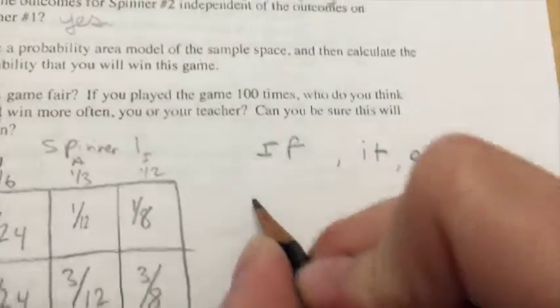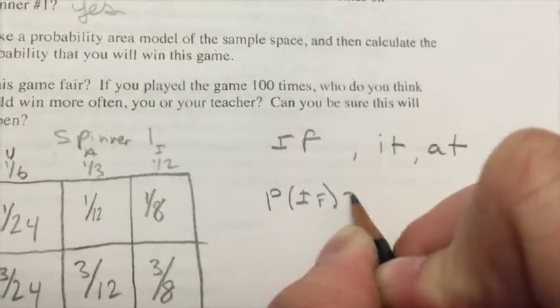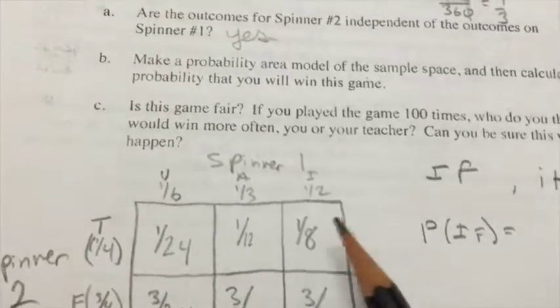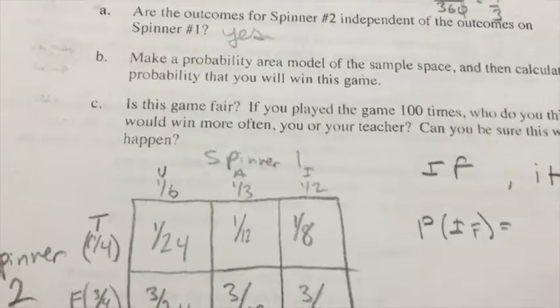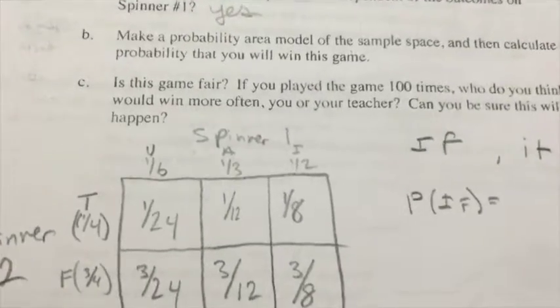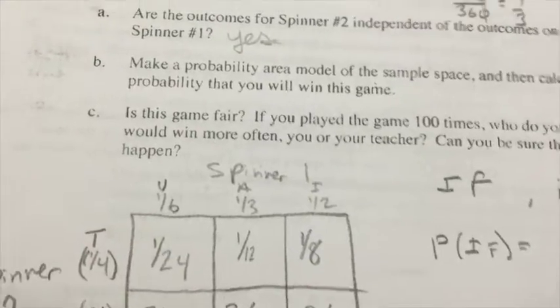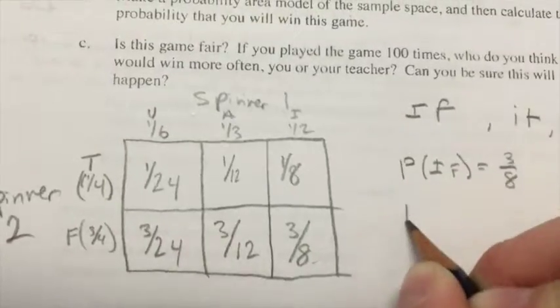So let's figure out the probability to spin IF. That means I am going to spin an I and an F. So where is my IF? Yeah, it's right here. So I and then F is 3 over 8.